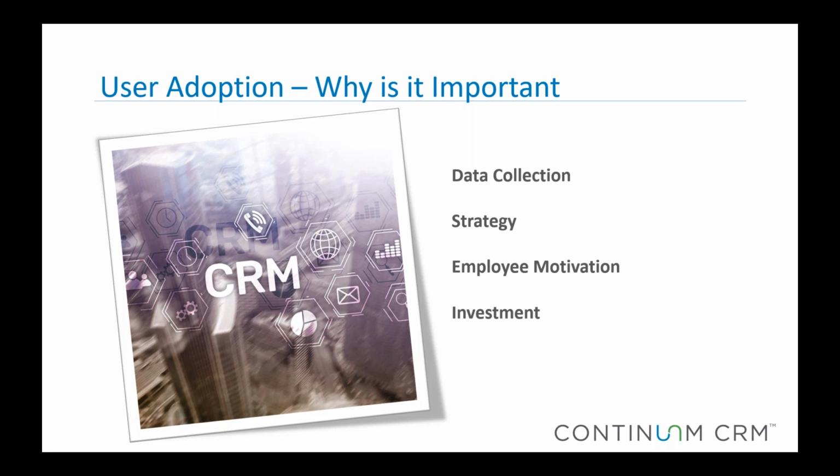Because your marketing team is probably going to want to invest more of their marketing dollars in those strategies that are working. So the more information that you're putting into the system, the more transparency you're going to be able to give, and the more strategic decisions you'll be able to make, as opposed to making decisions based on a shotgun approach.